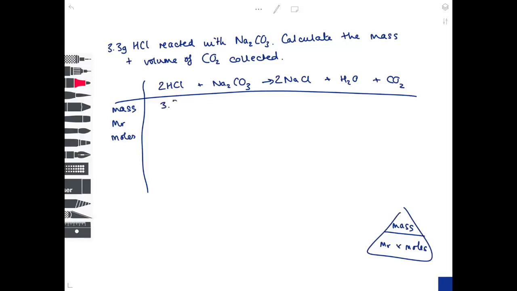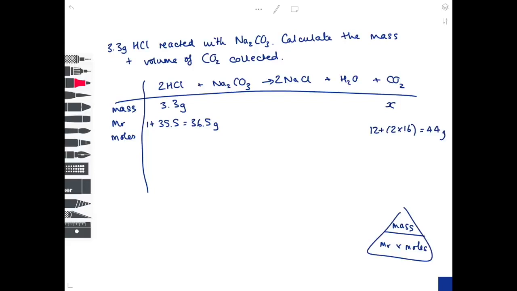Well, we know 3.3 grams of hydrochloric acid reacted, and we know we need the volume and mass of carbon dioxide, which is why my X goes here. Now the mR, use the periodic table. Now make sure you're just adding up the hydrogen and the chlorine. You're not including the 2 in this. So it's just 1 plus 35.5 equals 36.5 grams. The mR of carbon dioxide is going to be 12 plus 2 lots of 16, which is 44.